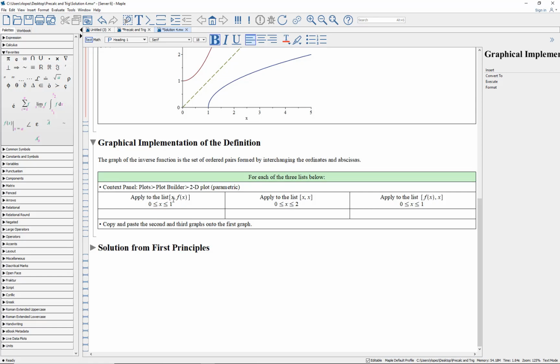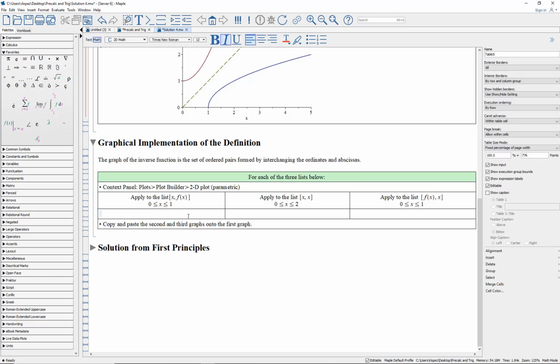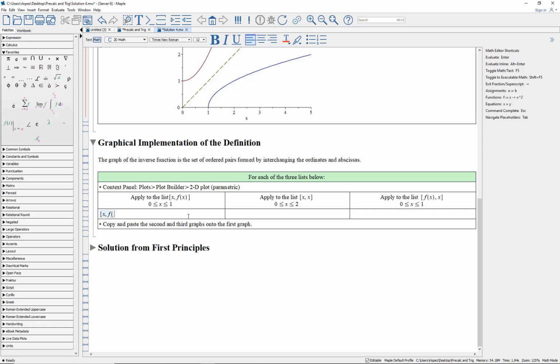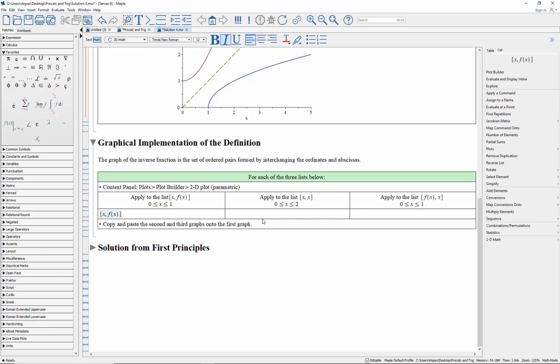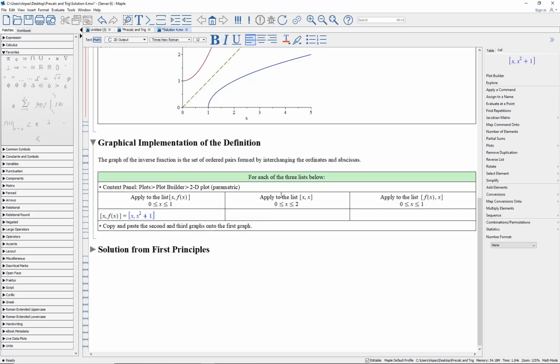Maple uses a list, x, y. That should draw us a graph of the function. So let's just type that, x comma f of x. And of course, close the bracket. We do a control equal.